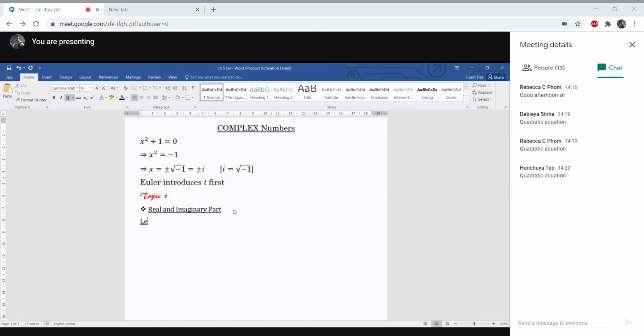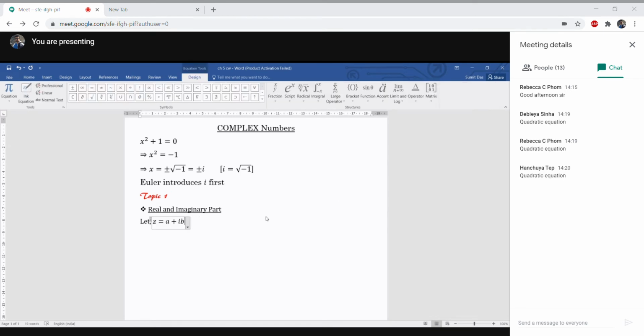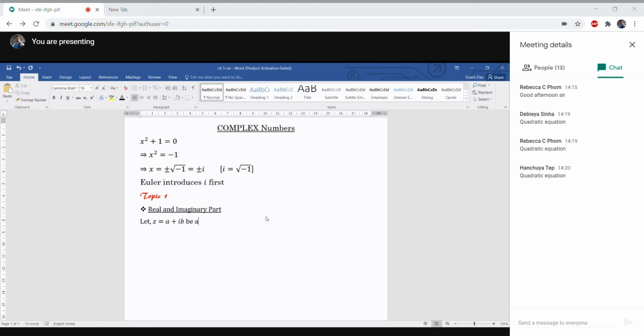Let z equal to a plus ib be a complex number, then a is called the real part and b is called the imaginary part.